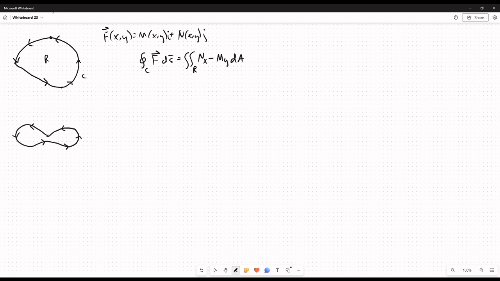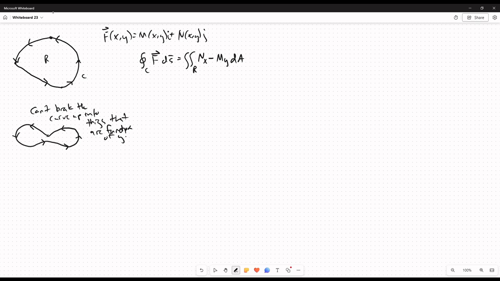So I can't break the curve up into things that are functions of y. So the previous argument didn't work.